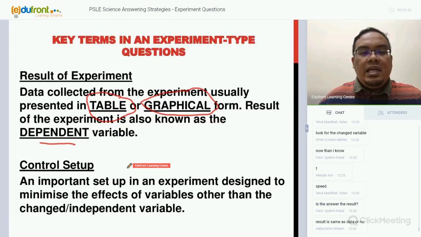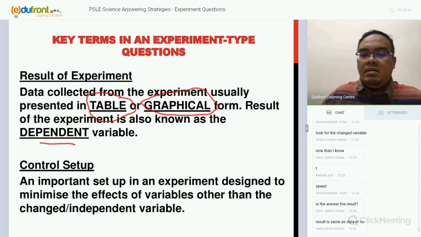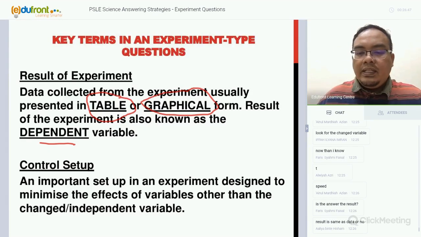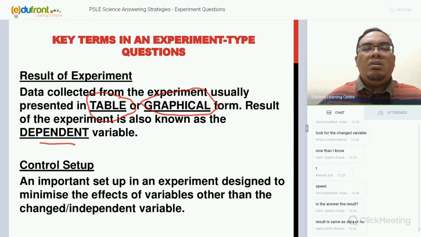Okay. Next is the control setup. Now, control setup is very important. A control setup is a setup which is designed to minimize the effects of variables other than the change variable. Remember, if they ask you about the control setup, you cannot just answer that setup B is a control setup.